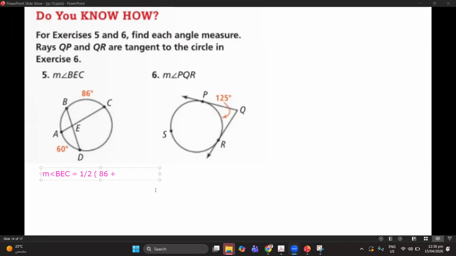Bravo. Plus the second arc, which is 60. So let's add 86 plus 60 and divide by 2. What's the measure of angle BEC? It will be 73.